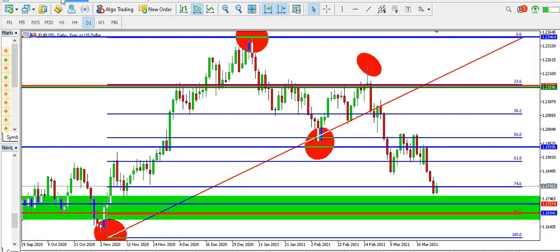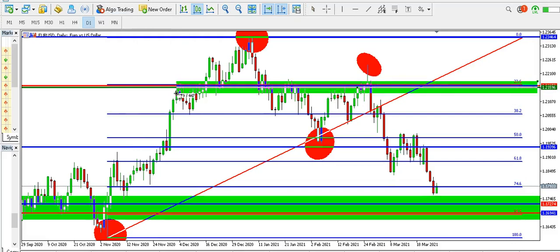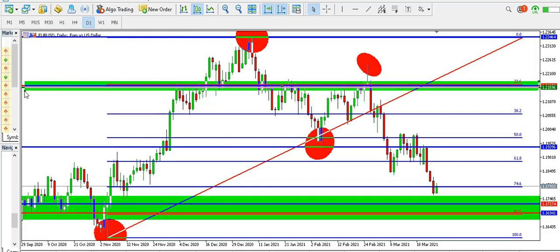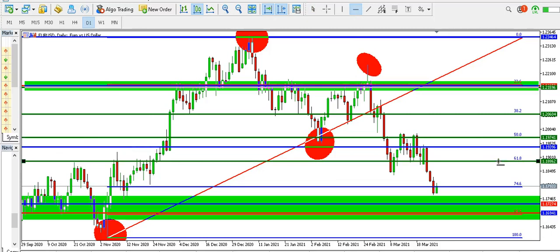So this particular zone is a very important zone where we have the daily and the monthly aligning. Okay, then we are going to mark this place 38.2. We're going to mark 50, and then we're going to mark 61.8, and then we're going to mark 74.6.